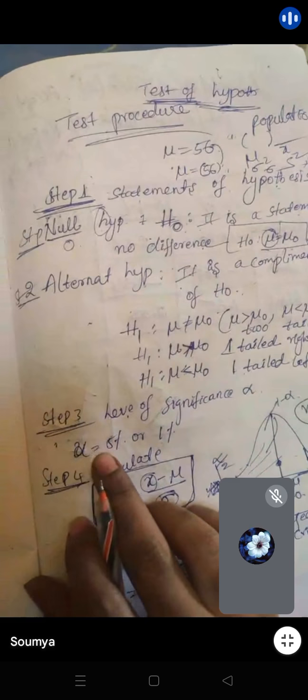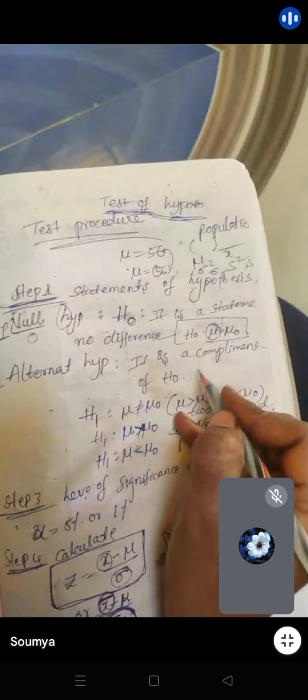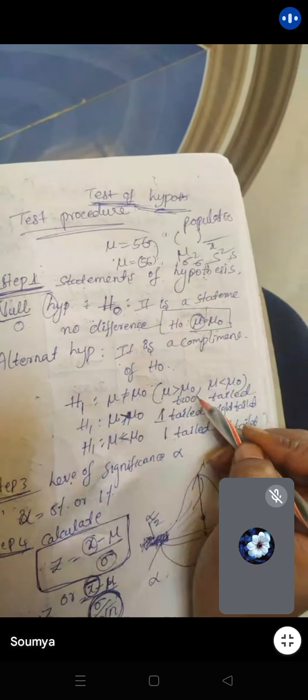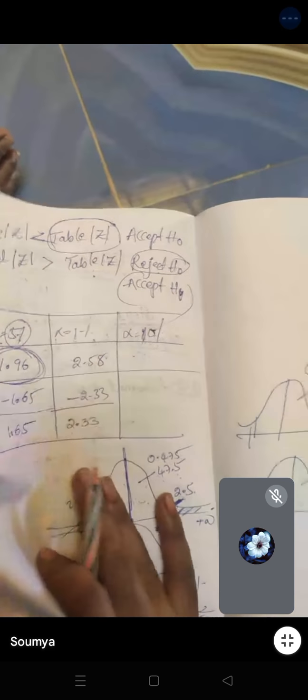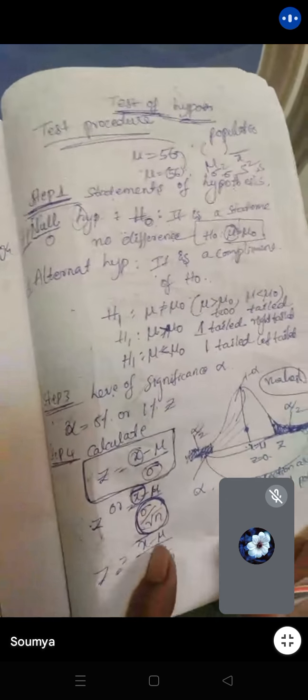If you take mu naught equals mu naught, for two tail you have to go for the Z value. That is nothing but table Z. Calculated Z is what you get from the formula.